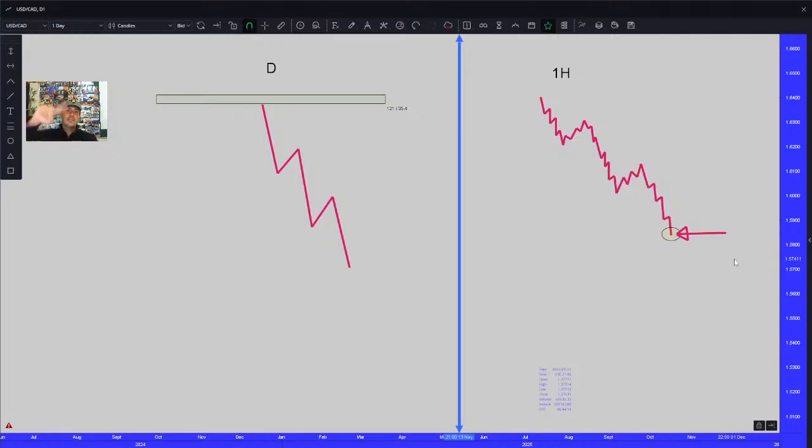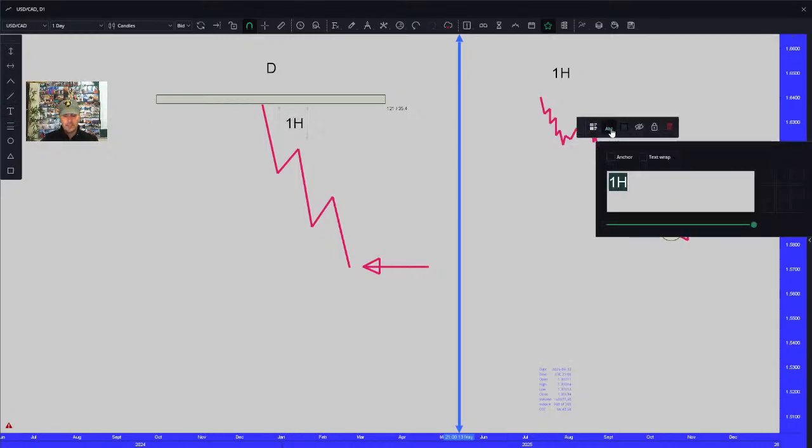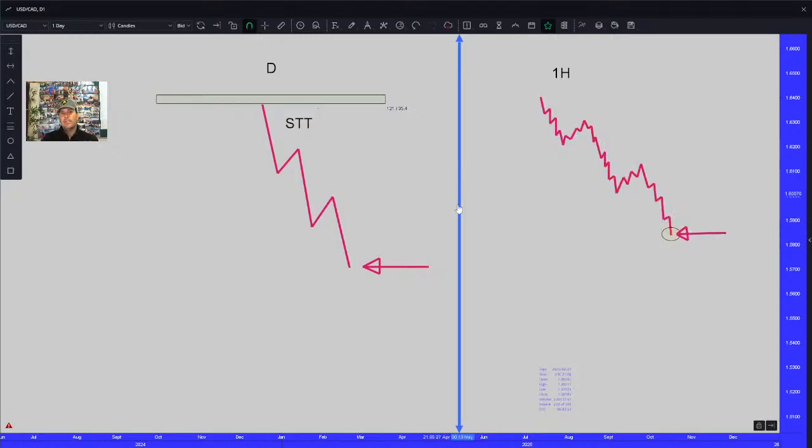This is predictable. Hello Nandozi, how are you? That's predictable, everybody. You are on the 1 hour chart, and simultaneously you are here too on the daily, right? The daily is the shortened trend. This is not the market wave, it didn't develop yet, it is the shortened trend on the daily.